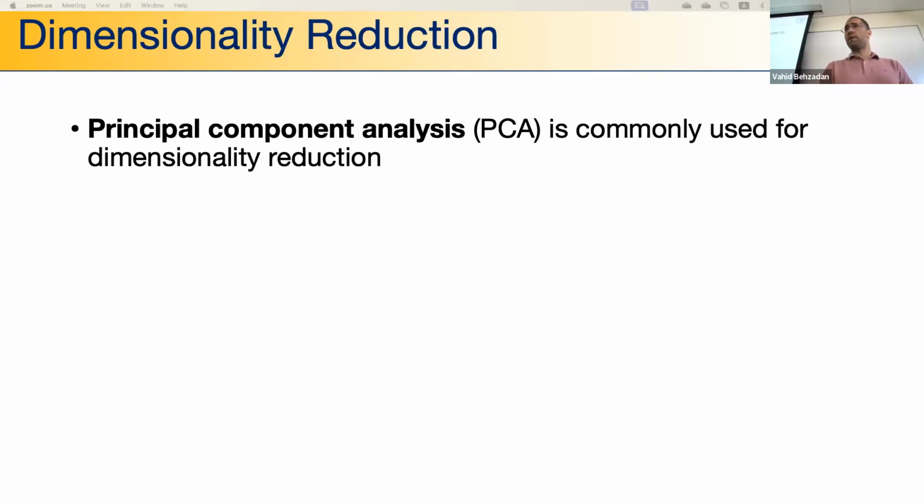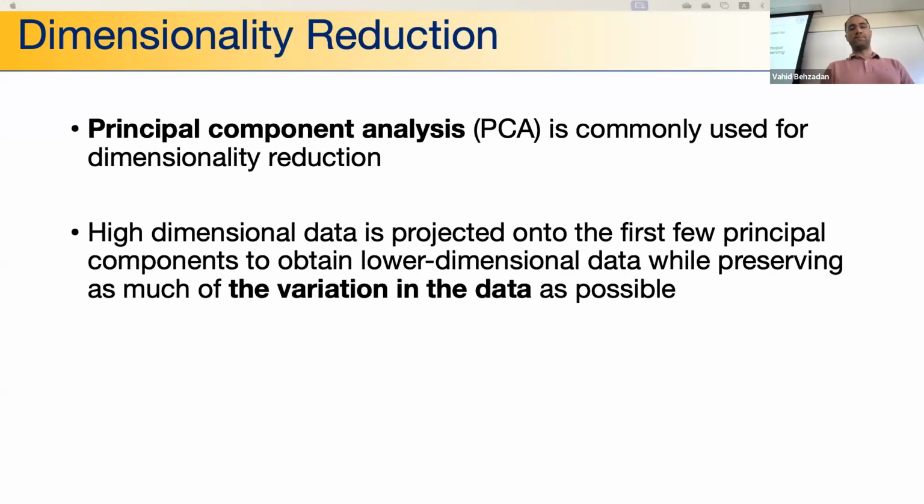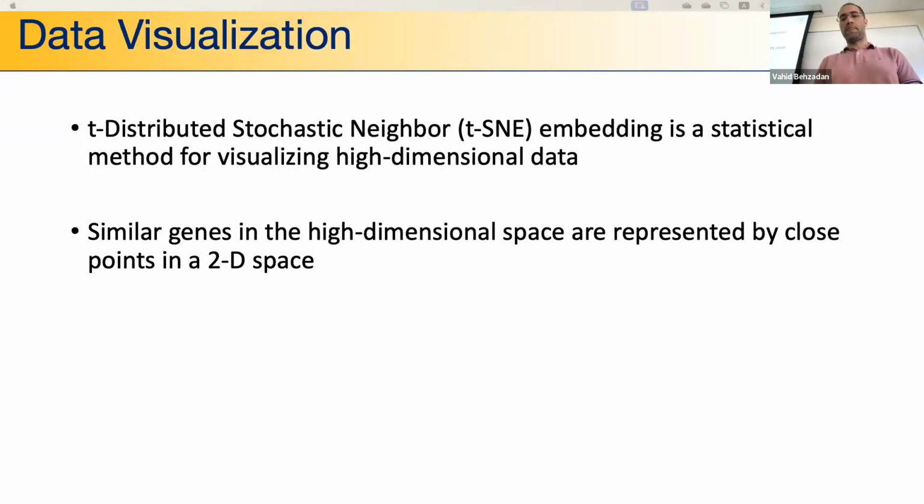I think you're all familiar with how PCA works. As I said, we project the high dimensional data into lower dimensional data, and then choose the highly variant dimensions to go with.